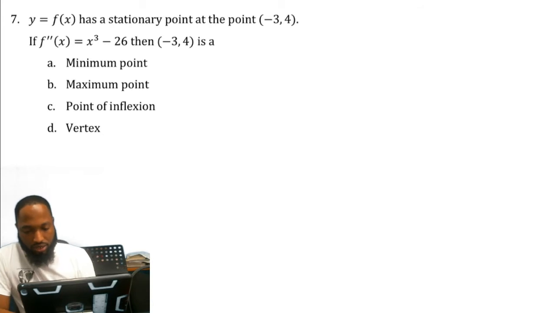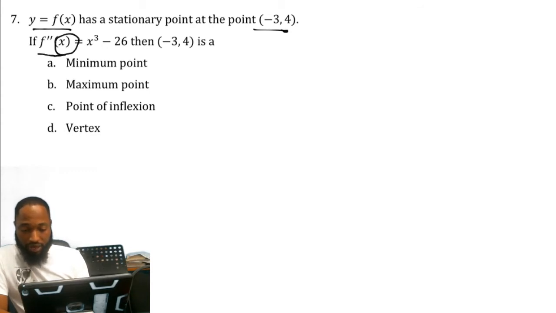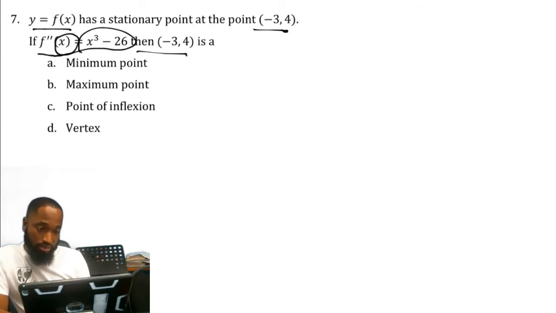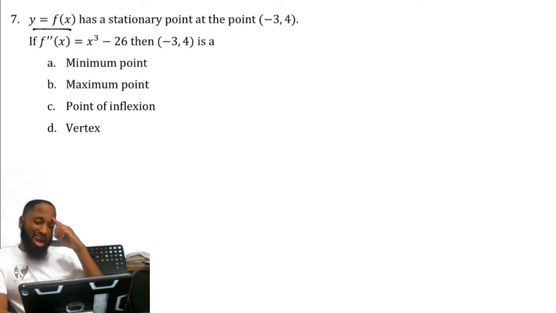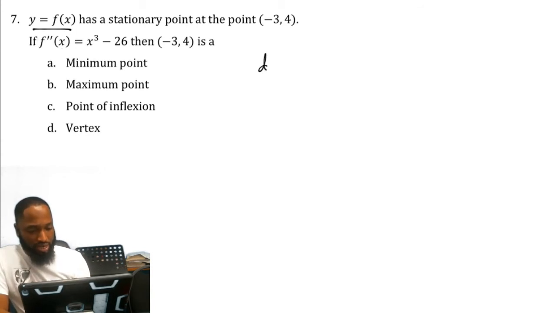So y is equal to f of x has a stationary point at blah. If f double prime of x is this, then that point is what? To know whether it's a maximum or minimum point, your test is d2y dx squared, aka the second derivative, which we use to test the stationary point.